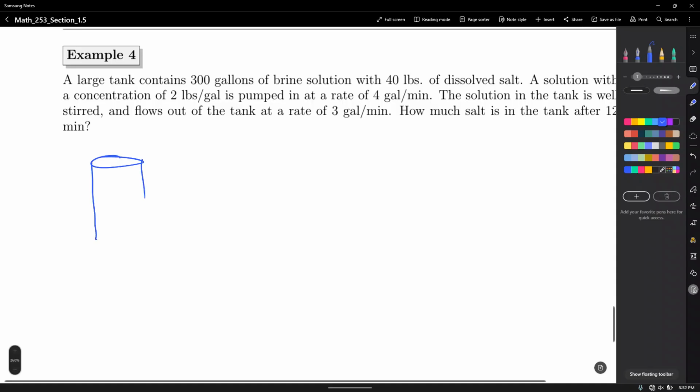So, what do we have? So we have brine coming in at a rate of 4 gallons per minute. And it's leaving at a rate of 3 gallons per minute.